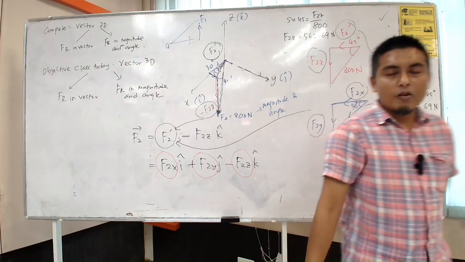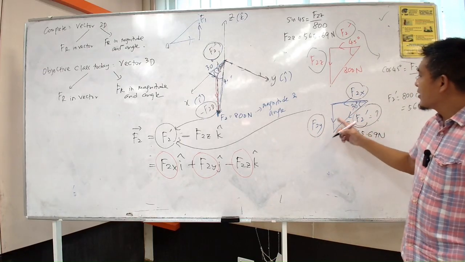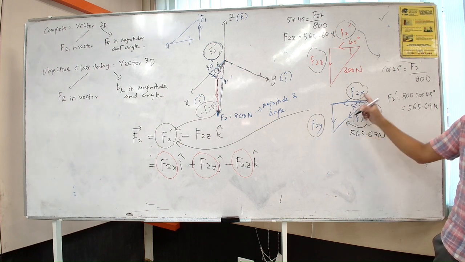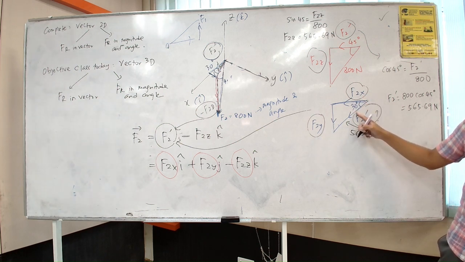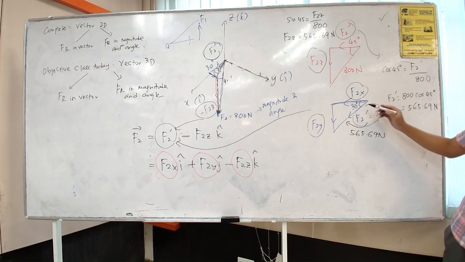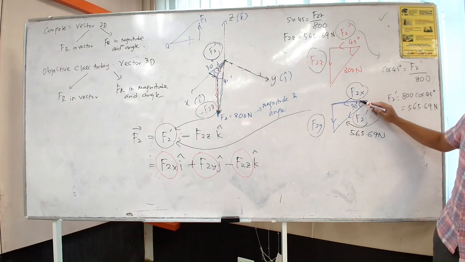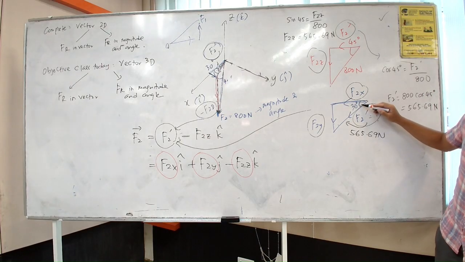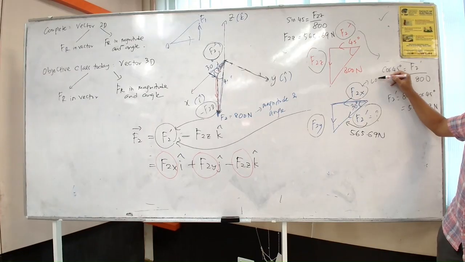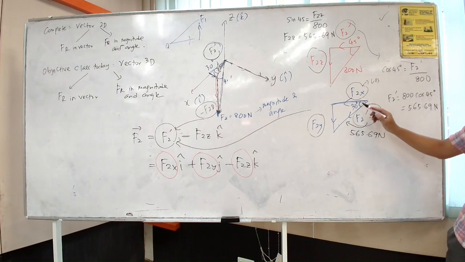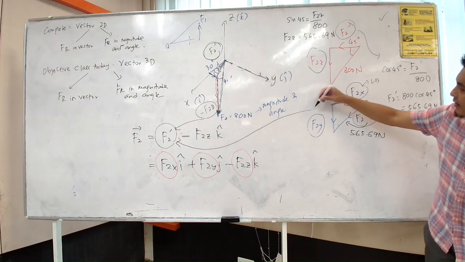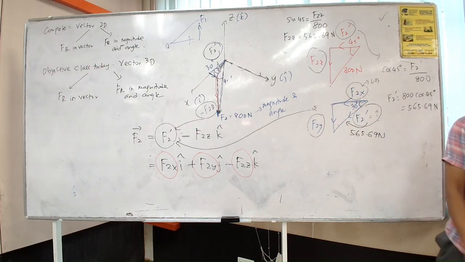Yeah. So F2x, you use sine or cos? F2x, cos. You just need to remember this one. If the angle here, the beside of the angle, cos. If the angle here, the opposite of the angle is sine.